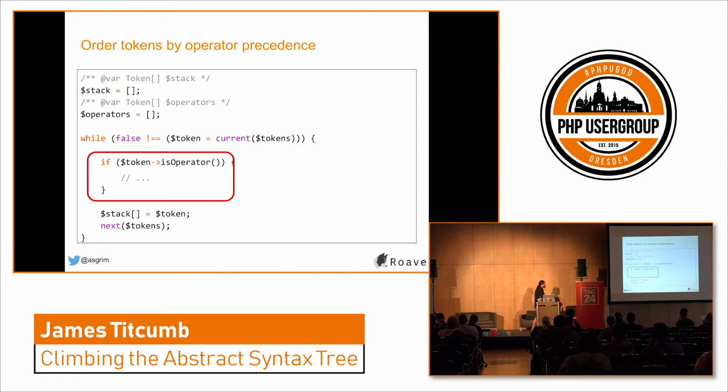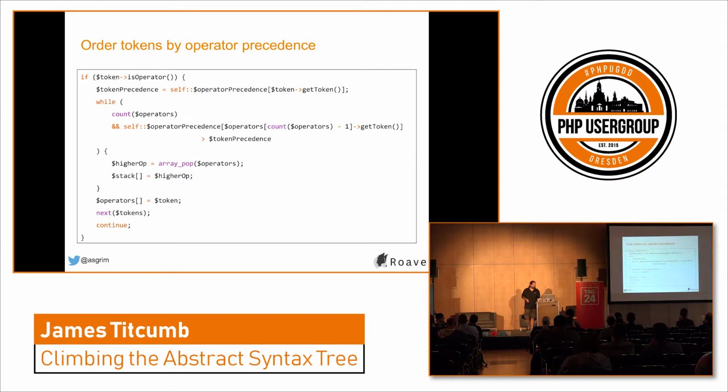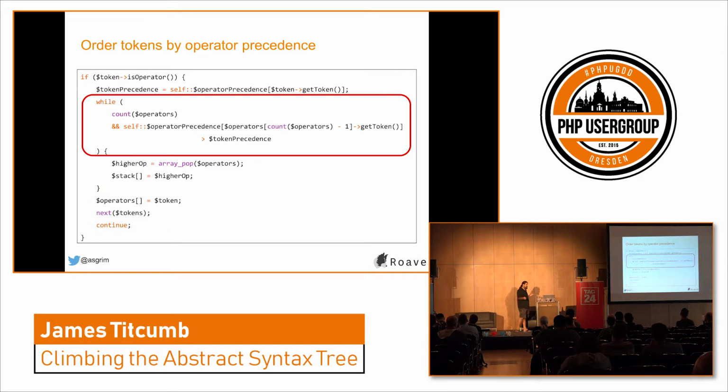All right, so we'll have a look at how we deal with the operators and sort of descend into the code here. There's quite a lot going on here, but basically, each operator token is pushed onto the operator stack. Yeah, makes sense.